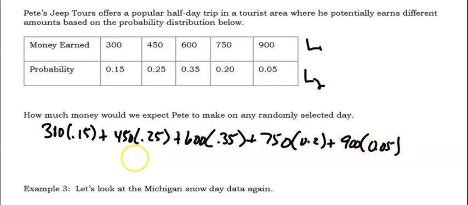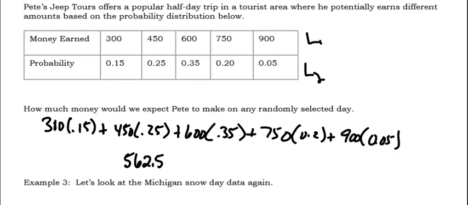We should get an expected value of 562.5. So you should have gotten the same thing manually and if you use the calculator. I will go ahead and tell you now, I prefer you just use the calculator. Put these values into L1, L2, one variable stat.